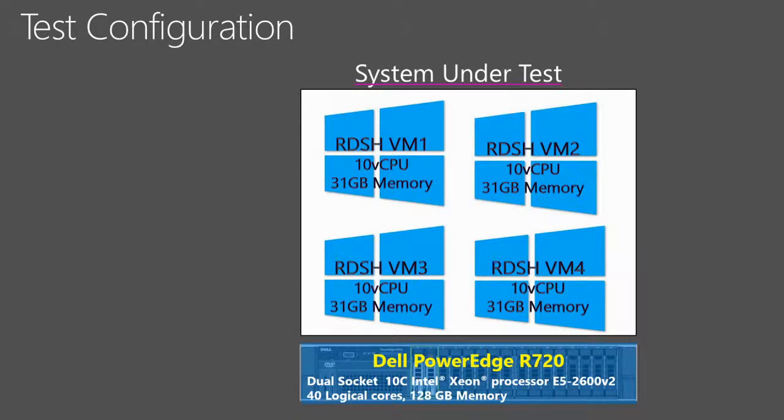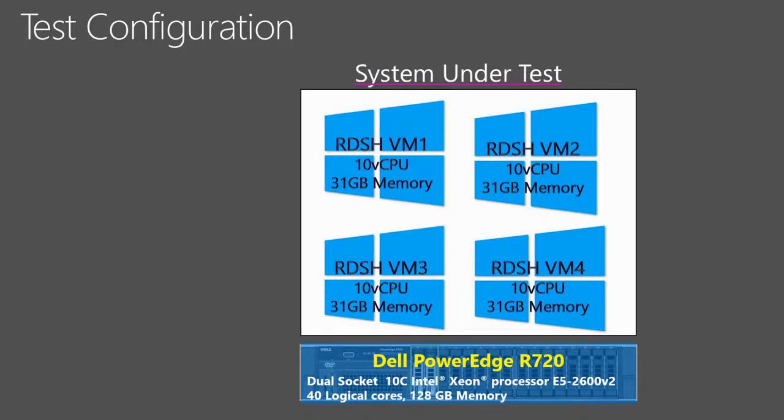And what we did is we mapped virtual CPUs in the VMs to logical cores. So in other words, in the Dell PowerEdge, there were 20 cores, 40 logical because of hyperthreading. Okay, and we didn't want to overbook. In general, we don't recommend that. You don't want to overbook virtual CPUs for your RDSH servers.